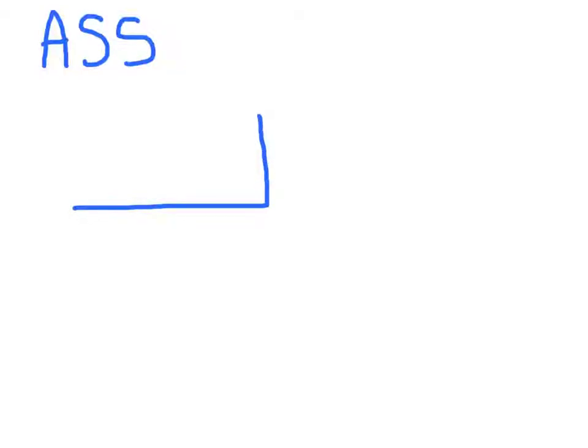Now, remember when your geometry teacher, which may have been me, said do not use bad words in geometry class? The reason is because if you're given a situation where you have a triangle and you're given angle-side-side, let's say this angle right here is fixed. Let's say that's 30 degrees.